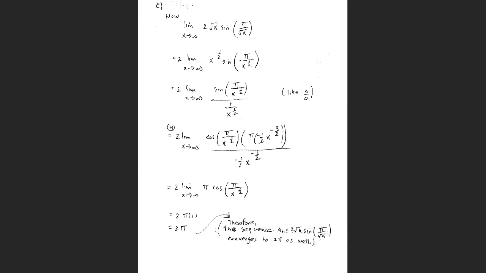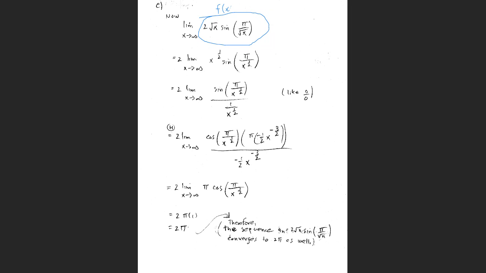What I'm going to do is look at the limit. L'Hopital's rule applies to functions. So I'm going to say, okay, let my function f of x be 2 times the square root of x times the sine of pi over root x.